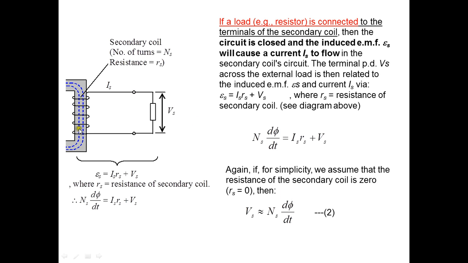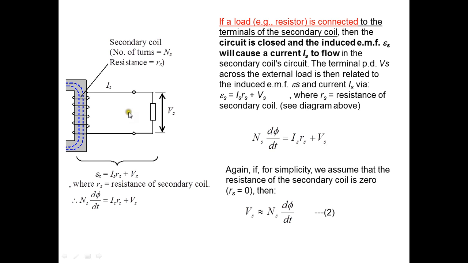The EMF produced will allow a consumption of potential difference on the secondary side, and there will be some losses due to the resistance in the wire, given by I times R, the resistance of these wires. So I say again, E equals V plus IR.